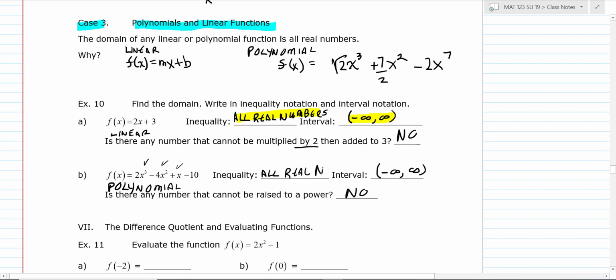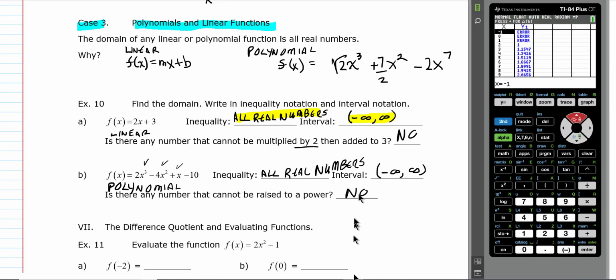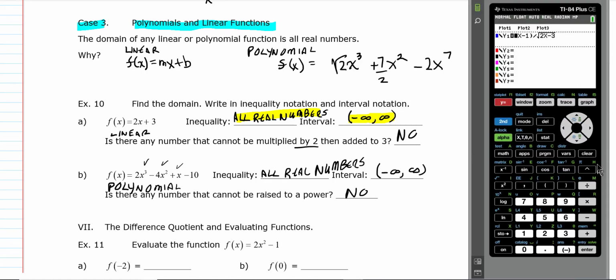Okay, now see, what you have to do is you have to know that when you have a linear function and when you have a polynomial function. Now I'll show you one thing on this real quick, and then that will close off the video. So if I was to graph 2x plus 3 on my graphing calculator, okay, well, the line goes on forever. There's no breaks or anything in the graph, no problem areas.